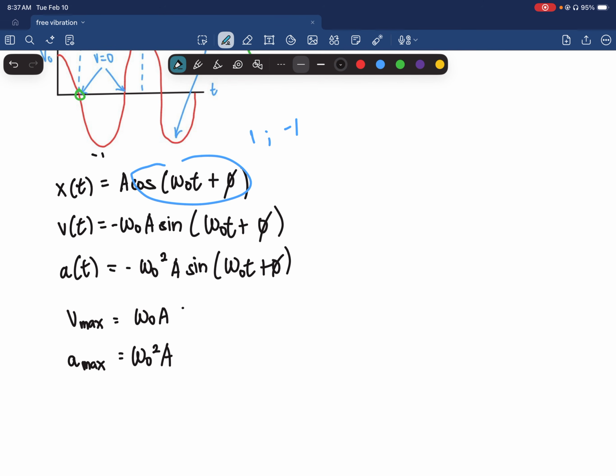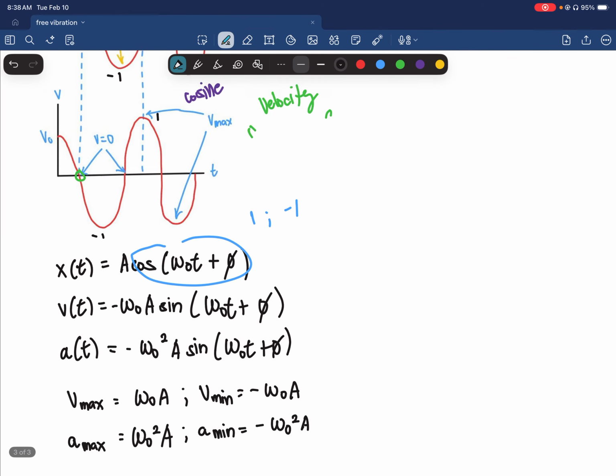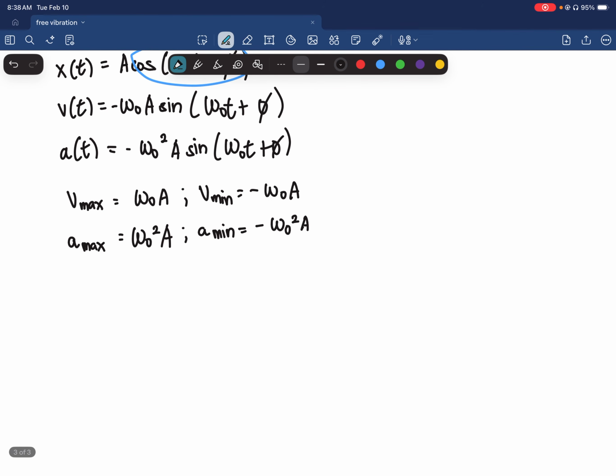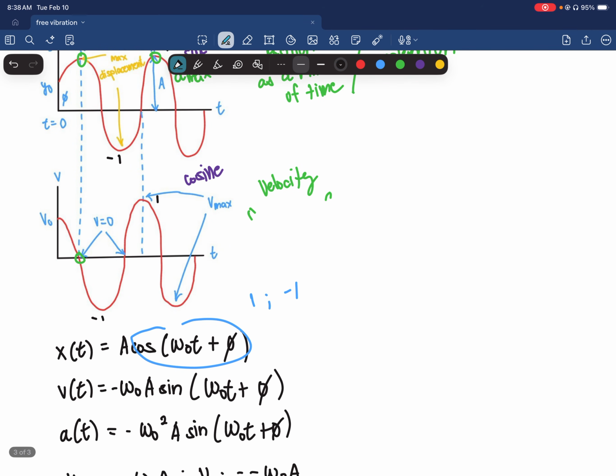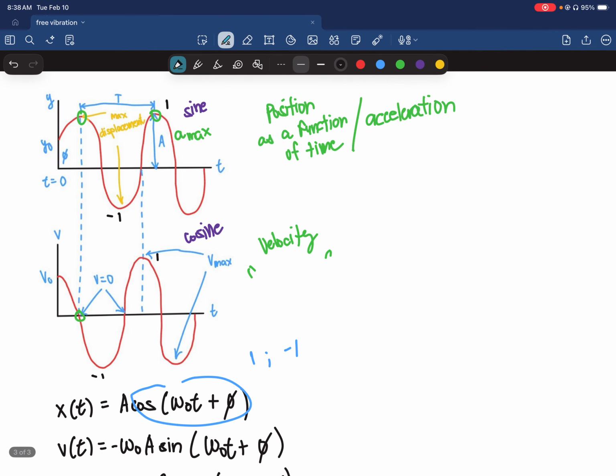Kapag negative siya, that is your Vmin. And so on. When it goes away from the equilibrium, bumabagal siya, and kapag papunta siya sa ating equilibrium, bibilis siya.